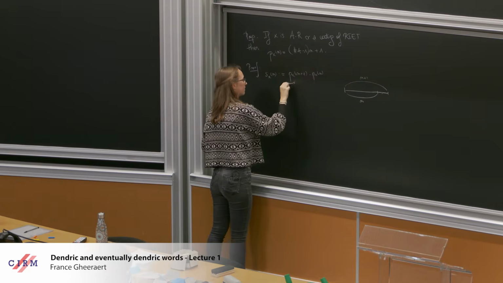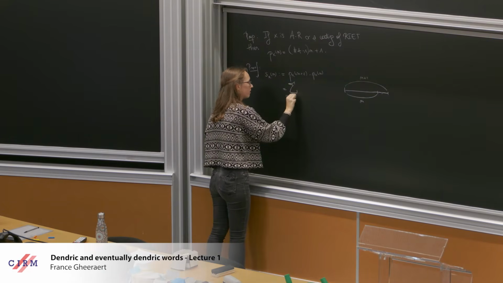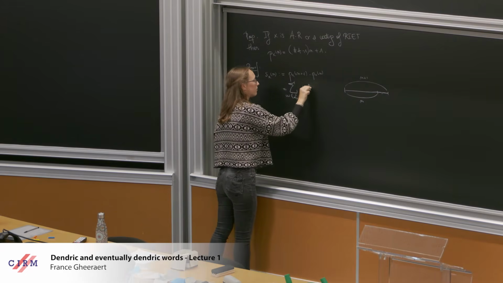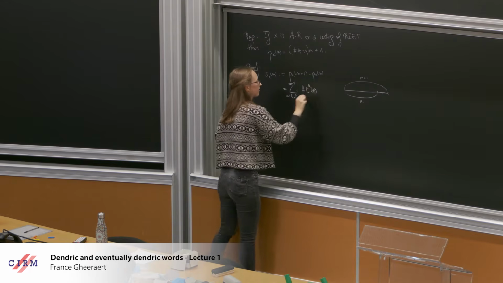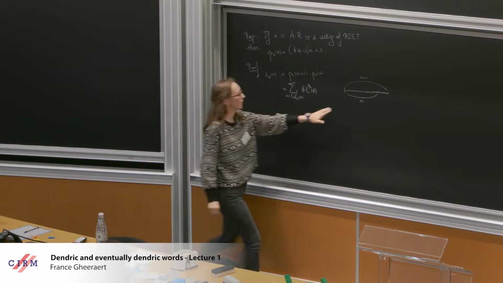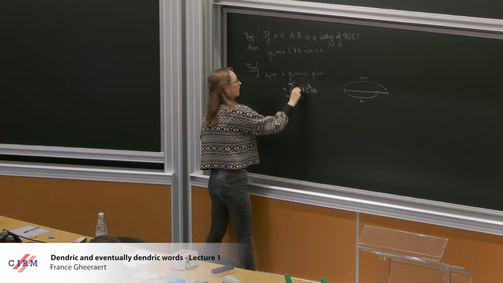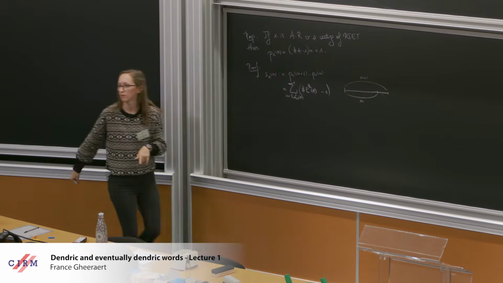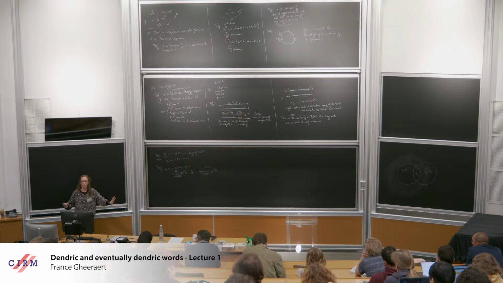So from that you can deduce that this difference is actually the sum over the words w of length n of the number of ways you can extend it on the right, minus 1. This gives you the number of words of length n plus 1. For any word of length n, you count how many letters you can put there to form a word of length n plus 1. And since we're subtracting the complexity in n, just do minus 1. No questions? Okay.